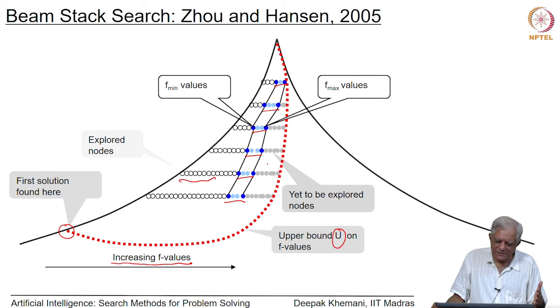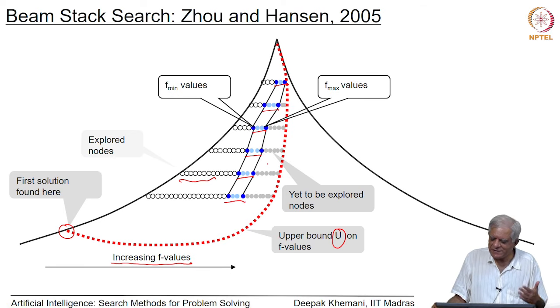So, beam stack search is like beam search in the sense that it will require space which is linear with depth, but it also has this feature that it will be systematic and complete, the term that we had used, that it will explore all the space in which a solution could possibly lie, and that space is defined to us by the upper bound that we have created.